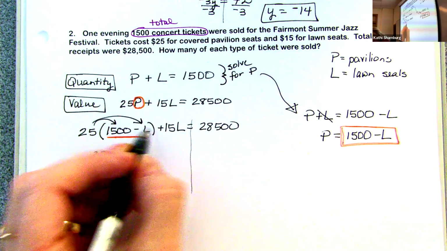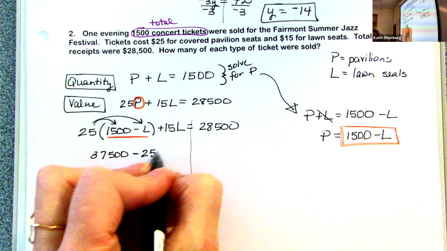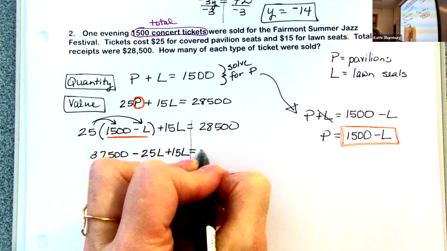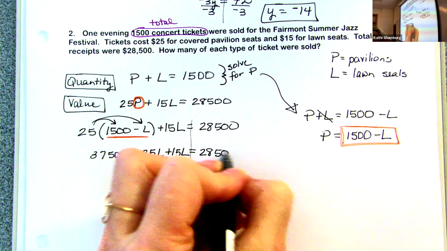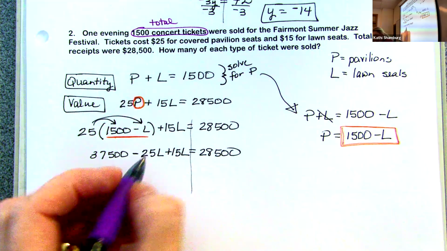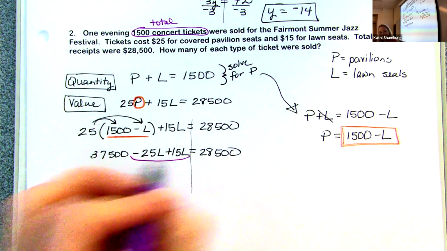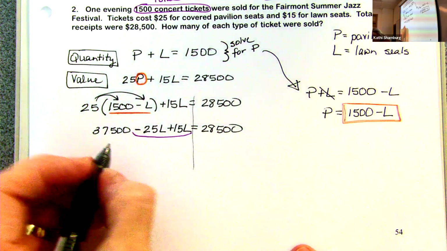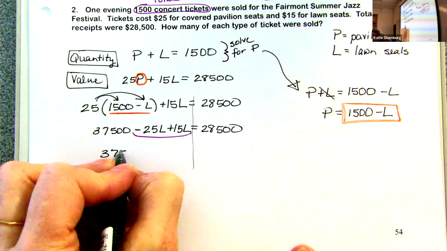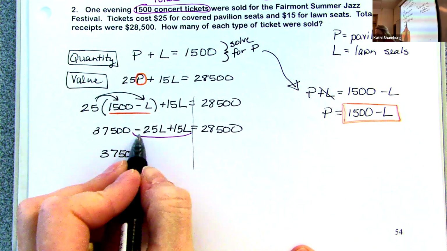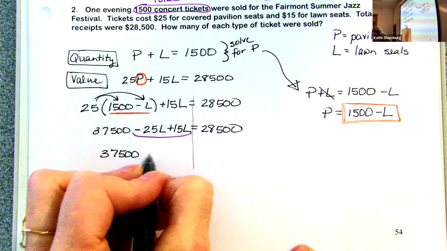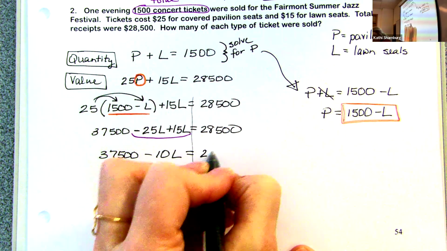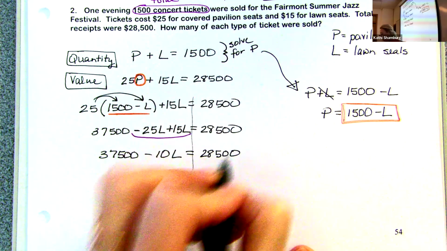Minus 25 times L. It's 25L plus 15L equals 28,500. I have like terms right here and they're already on the same side. So just combine those like terms. So 37,500 negative 25 plus 15 should be negative 10L equals 28,500.